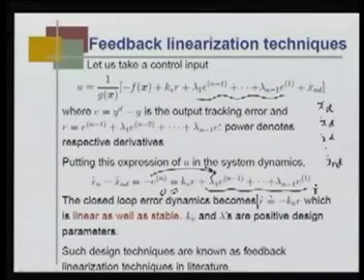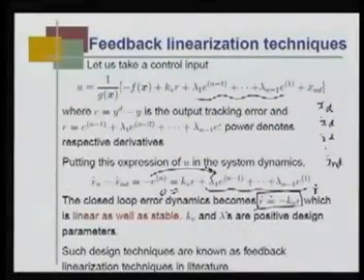So, r dot is minus k_v r, which is linear in r and also stable, because if I assume k_v to be positive, then it is stable. So, k_v and lambda are positive design parameters.